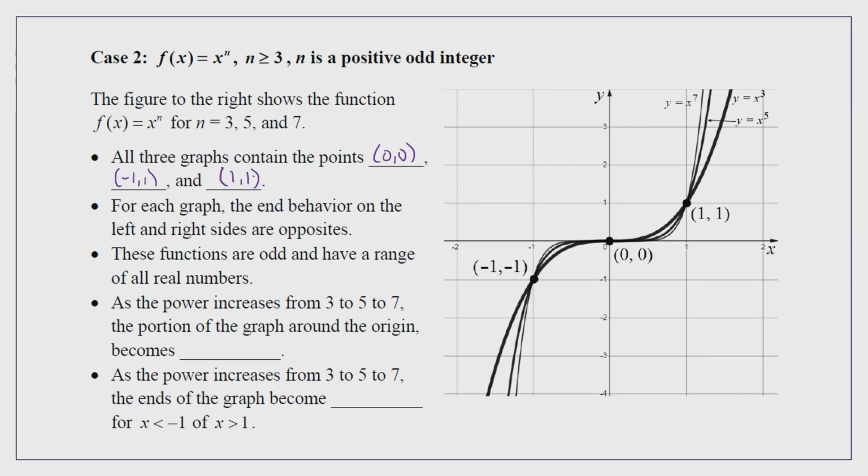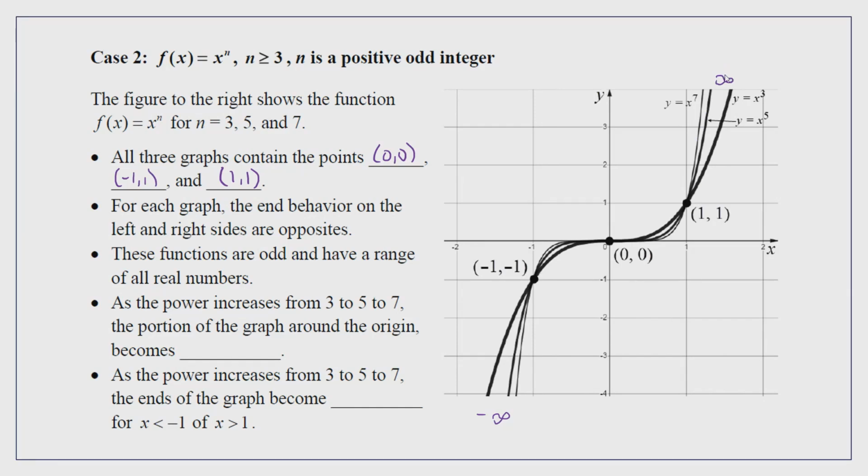For each graph, the end behavior on the left and right sides are opposites. On the left side here, we are going to negative infinity. And on the right side here, we are going to infinity. So they're going in opposite directions.